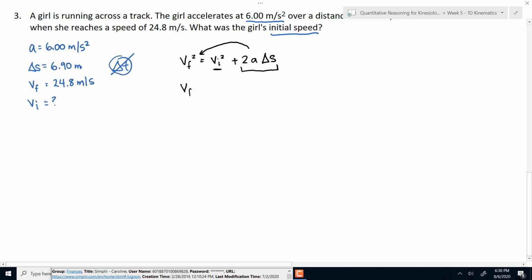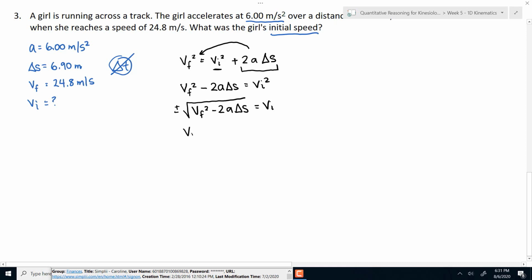So I have V final squared, and instead of it being plus 2A delta S, it's going to be minus 2A delta S, is equal to V initial squared. Now we want to get rid of the squared, so all we have to do is plus or minus square root both sides. So I have the plus or minus square root of V final squared minus 2A delta S equals V initial squared. And I'm just going to rewrite it. Sorry, it should just be V initial because I square rooted it.